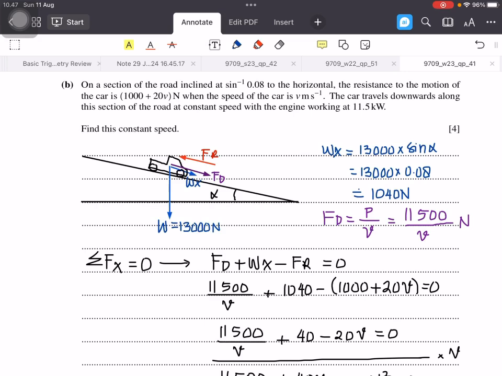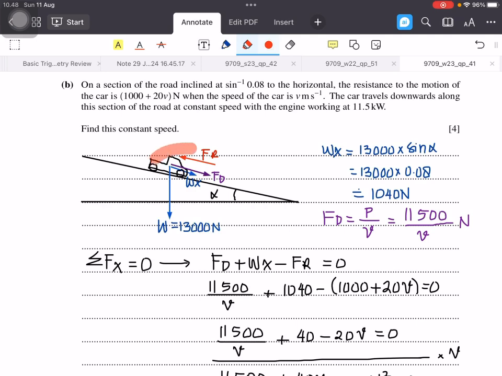Find this constant speed. So first we need to draw the diagram. On this diagram, the car is on an inclined plane in which the angle is sine inverse 0.08.